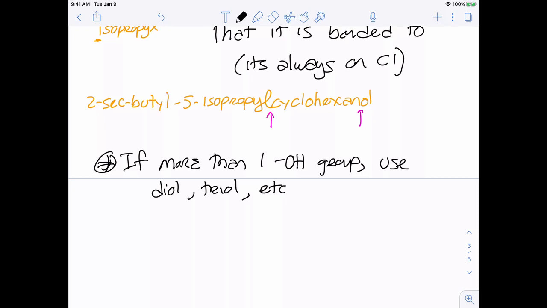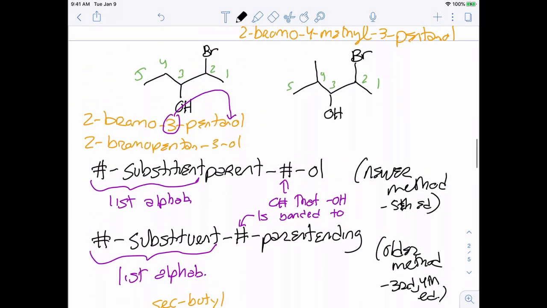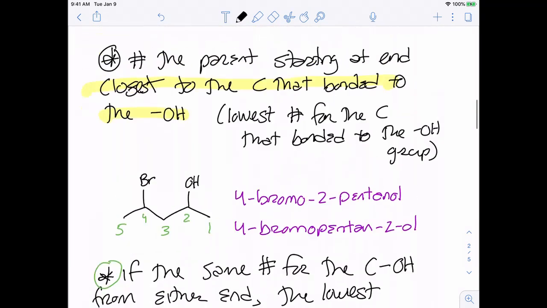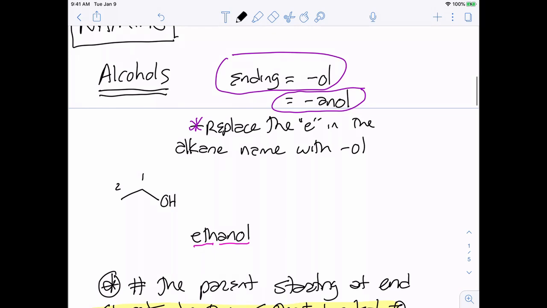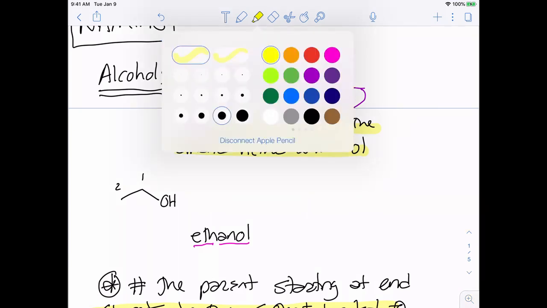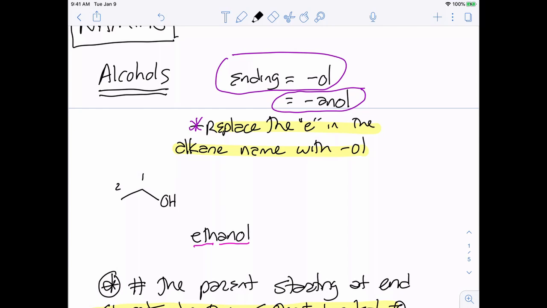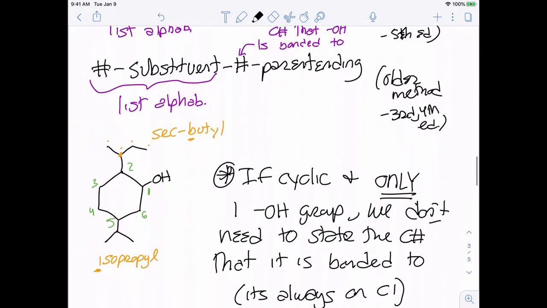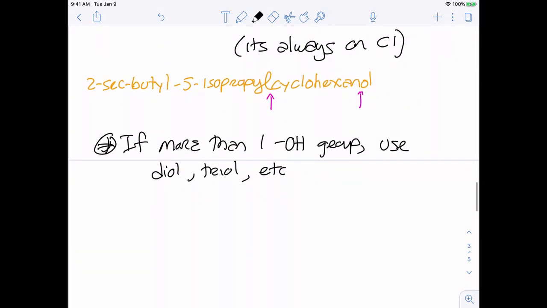So if you just have one alcohol group, if we go back up to my rules up at the top, we said to replace the E in the alkane name with OL. This time we're going to keep the E. So we're just going to add diol or triol to the end of it.